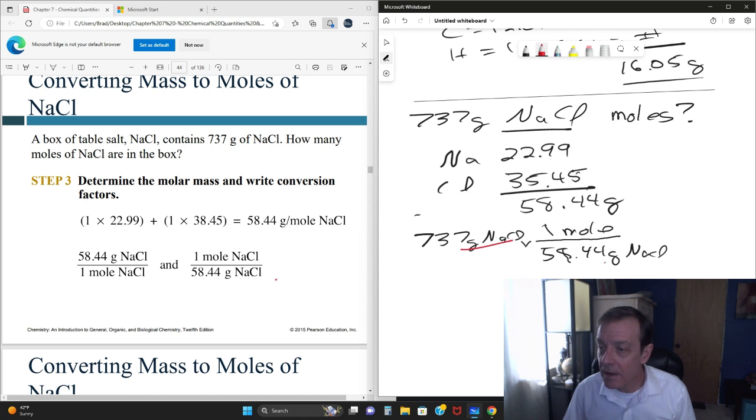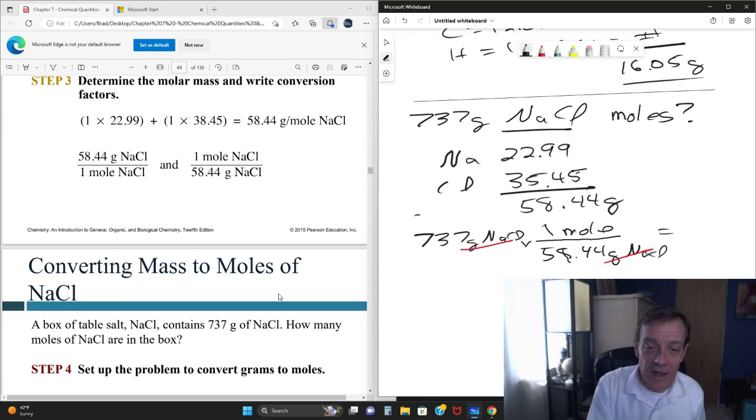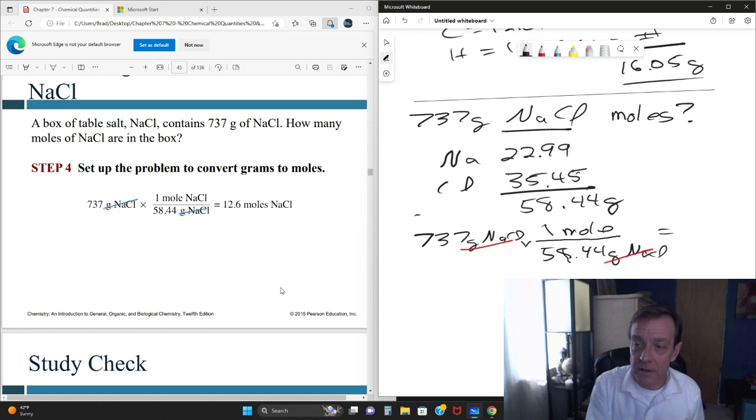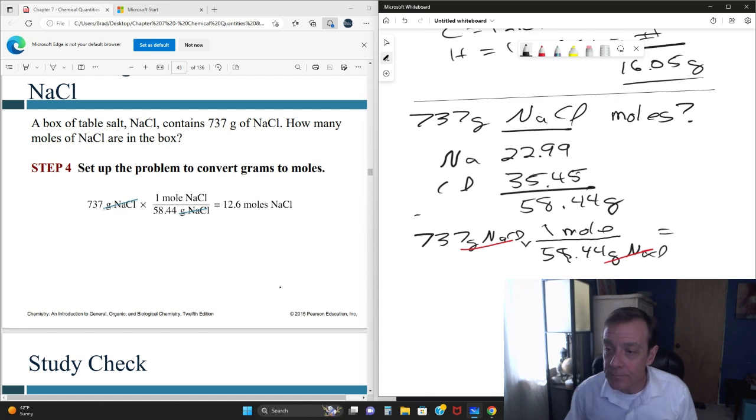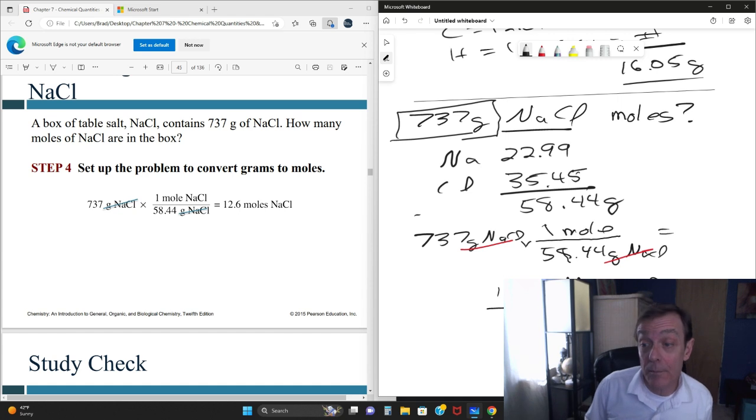Grams of sodium chloride leaves us with a number of moles. And then I'm just going to let the slide deck do the math for me. Basically, 737 divided by 58.44 gives us 12.6 moles of sodium chloride in 737 grams of sodium chloride.